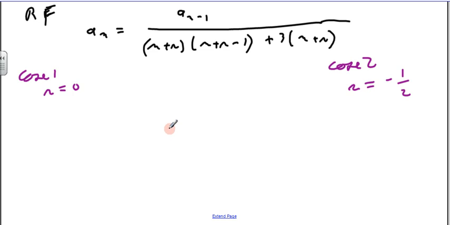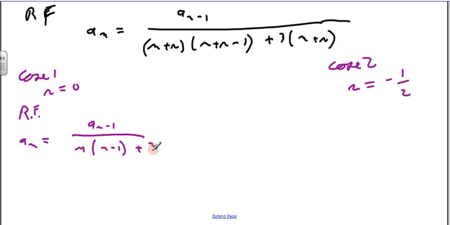Okay, so in the case of r is equal to 0, my recurring formula becomes an is equal to an minus 1 divided by n minus 1 plus 3n, minus 1 plus 3n.